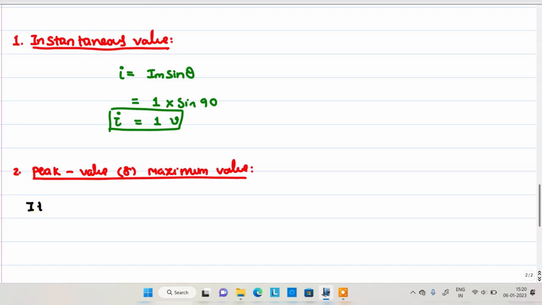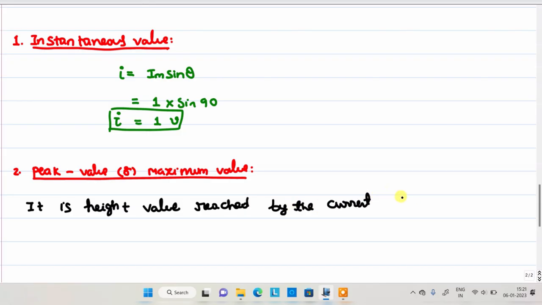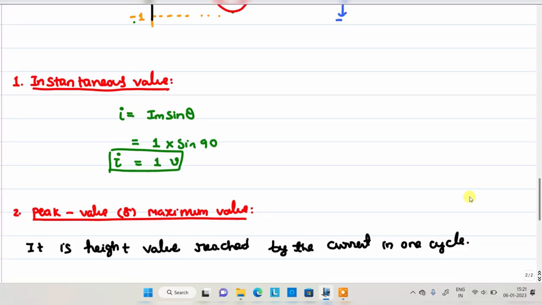Okay, it is the highest value reached by the current in one cycle. That is nothing but the maximum value.